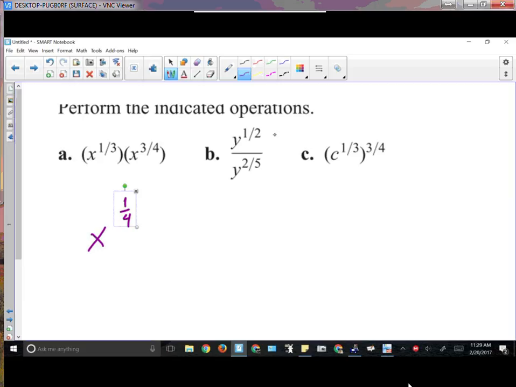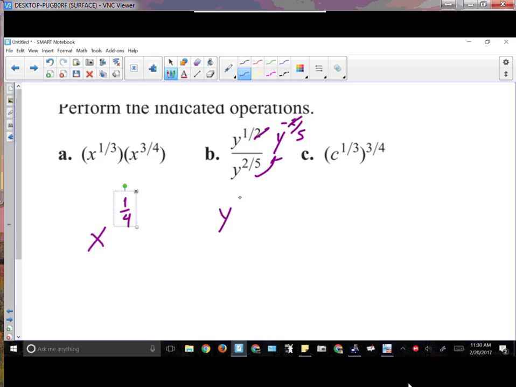I've got y to the 1/2 divided by y to the 2/5. Now, this can go up here as y to the negative 2/5, correct? The 2's cancel out. Denominator down here, numerator up here.